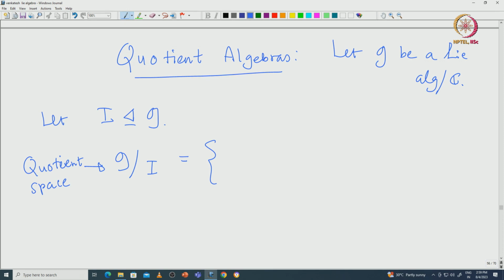So, what are all these cosets? These are nothing but the translation of this capital I, where the translating element comes from G. You must have seen in elementary linear algebra that this is a vector space again over complex numbers. How is the addition defined?